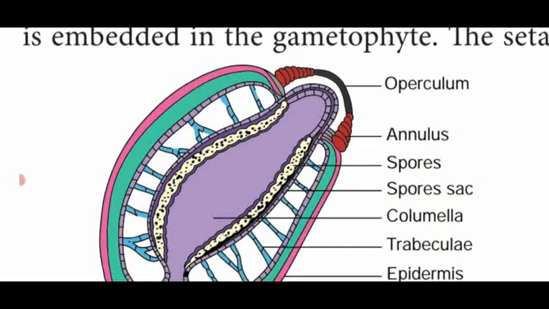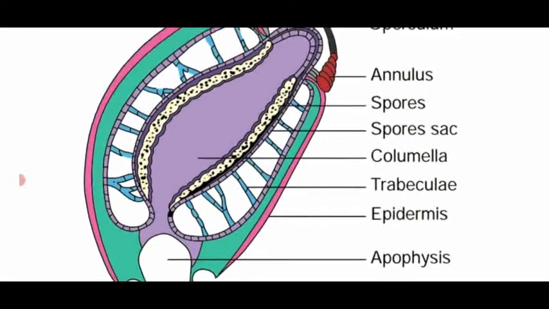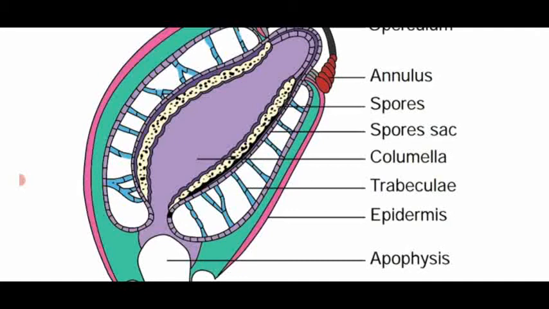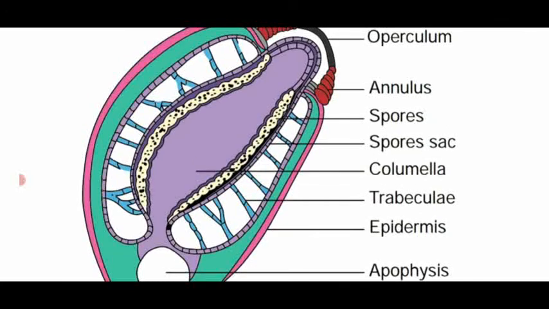It consists of a central columella, the central empty violet-colored region, which is surrounded by the spore sac, the yellow-colored region with the dotted lines. Inside, it contains a number of spores.